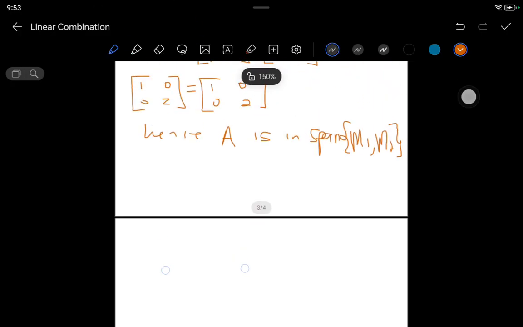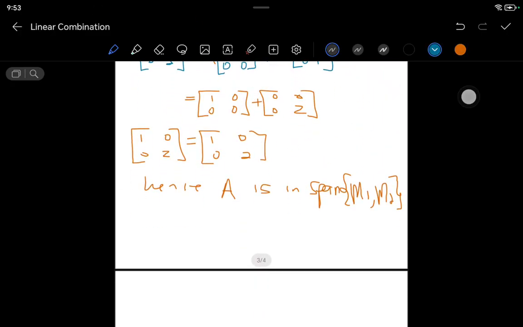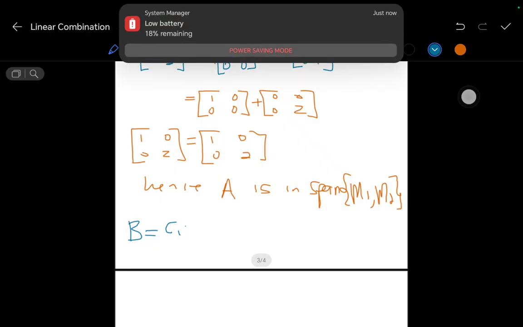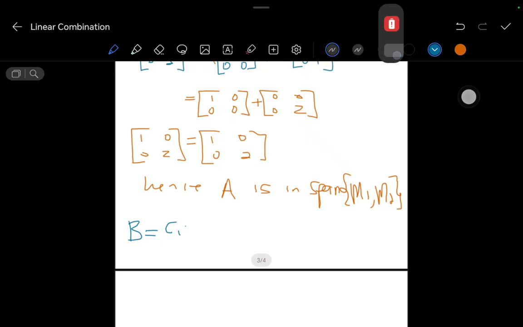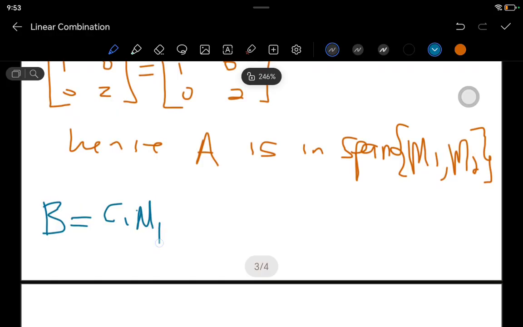Next, we can now try to express B. B is equal to C1 M1 plus C2 M2.